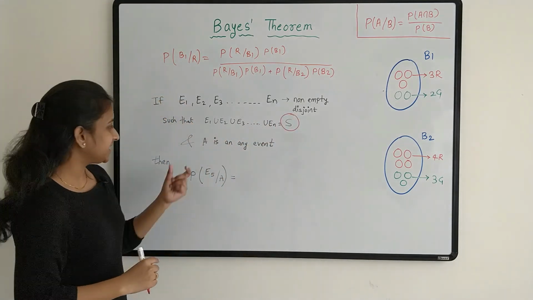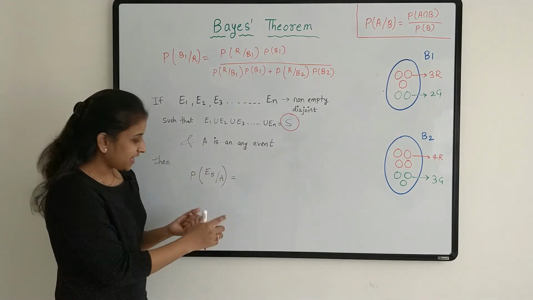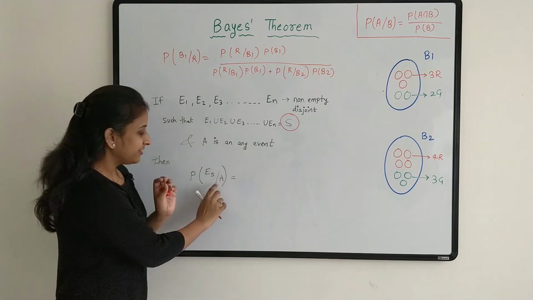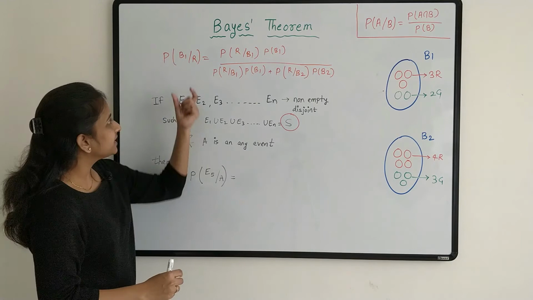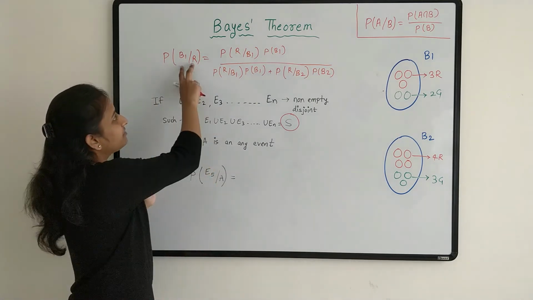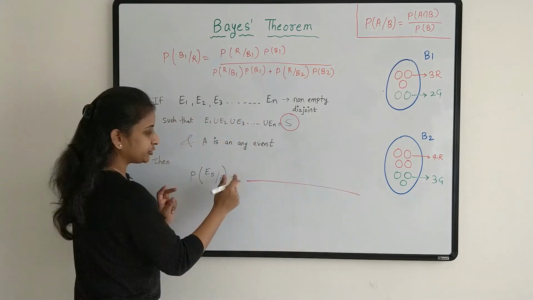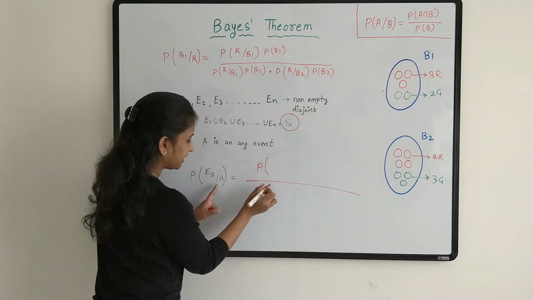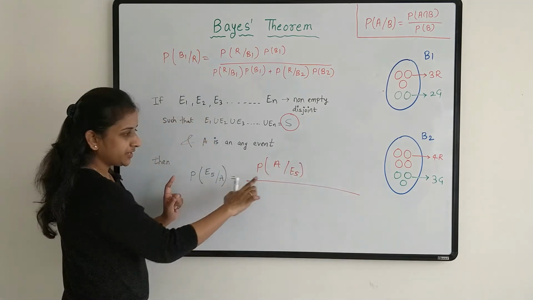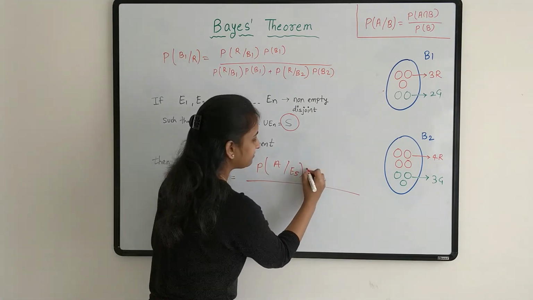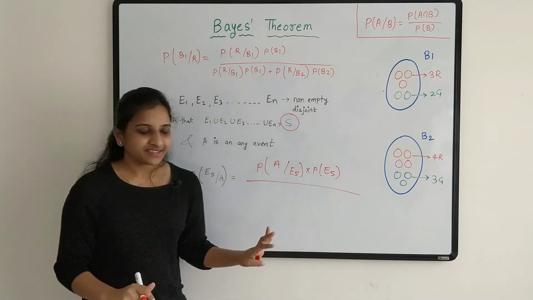If this is the condition and A is any event, then the probability of event Ei given that event A has happened is equal to, see what we have done, we have reversed this. So in the numerator, same thing: probability of A given event Ei, into the probability of that happened event. Fine. This is our numerator.